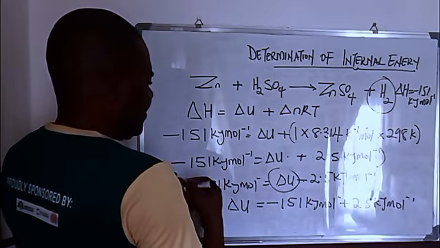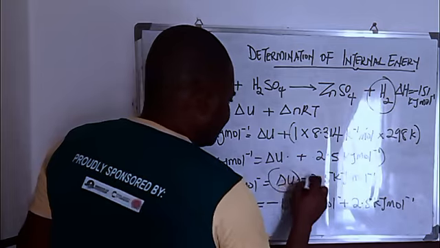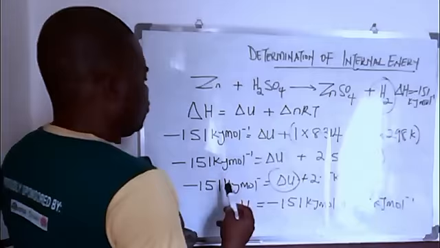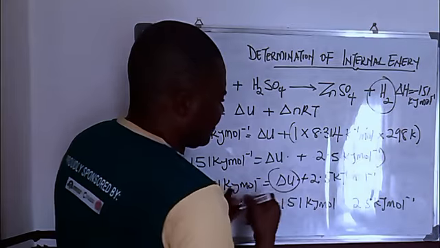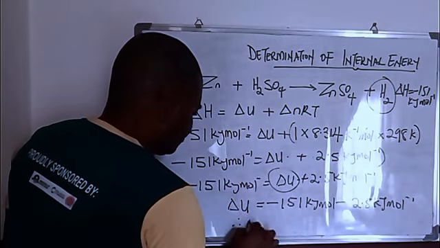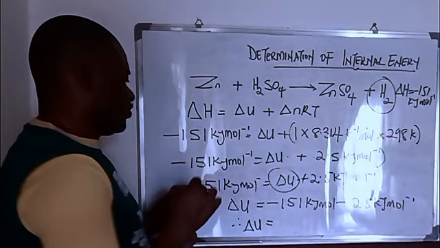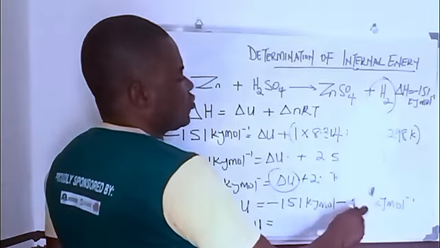So by the time you now move this to this side, it will give you a negative sign, which is minus. So delta U, which is the change in internal energy, will now be minus 151 kilojoule per mole minus 2.5 kilojoule per mole.